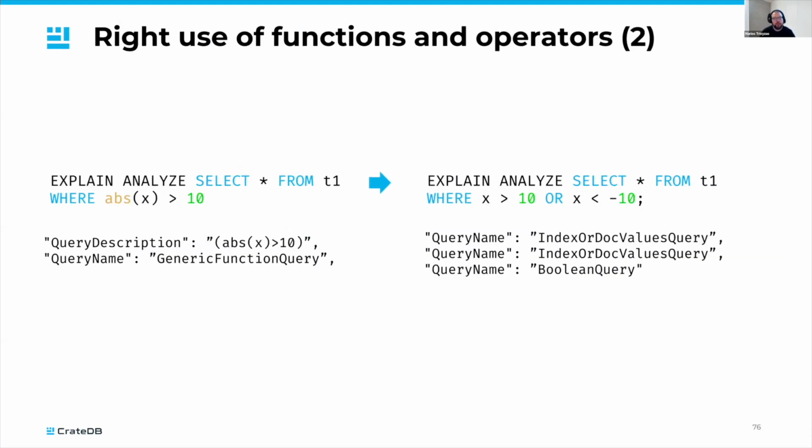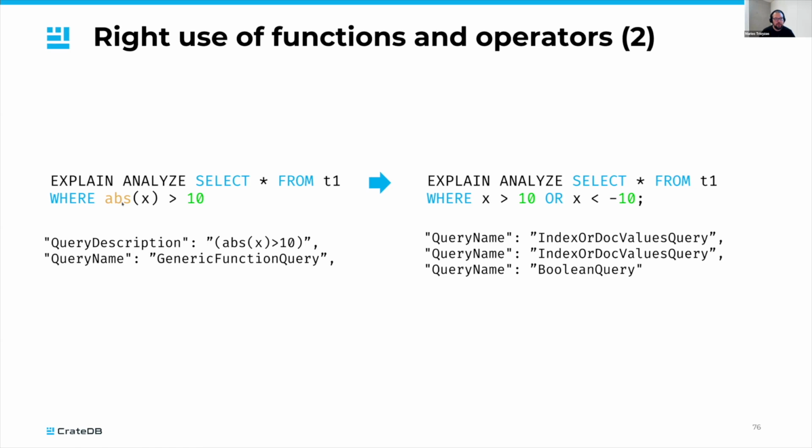Another thing to consider is mathematical operators and filterings. So these again are two equivalent queries in terms of filtering and what kind of results you will get back. It's exactly the same. But absolute is not a function that is executed by Lucene.